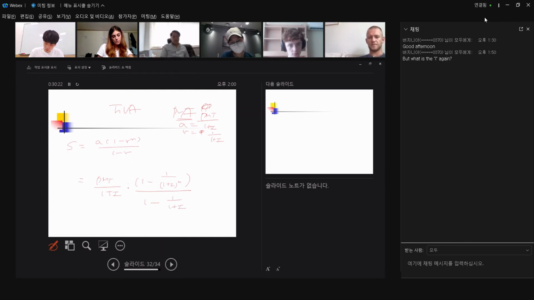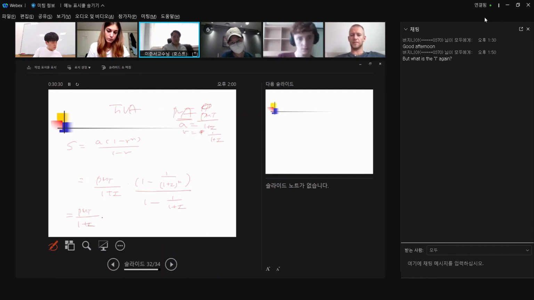Okay, so if we rearrange this equation, then payment divided by 1 plus I times 1 minus 1 divided by 1 plus I to the power of n, divided by 1 minus 1 divided by 1 plus I. So 1 plus I wiped out, 1 minus 1 wiped out.